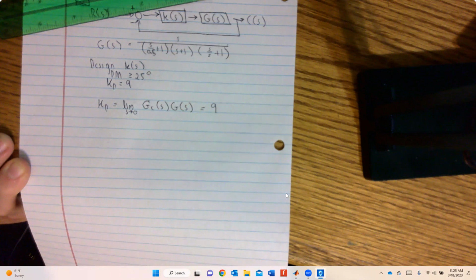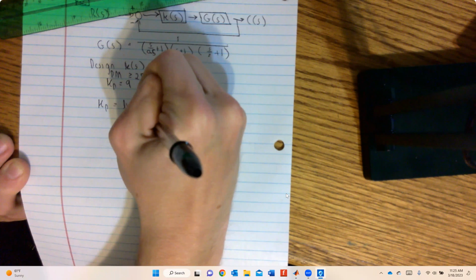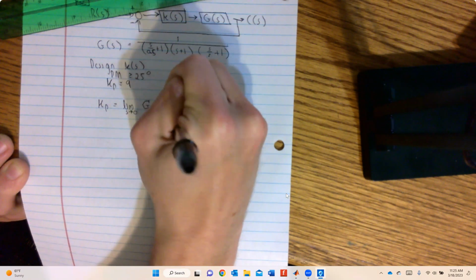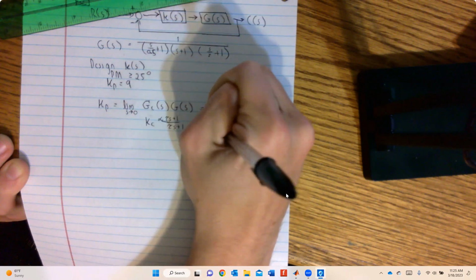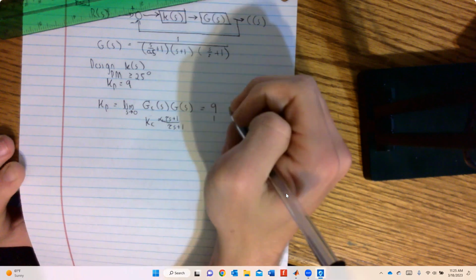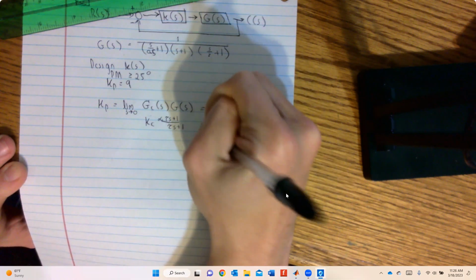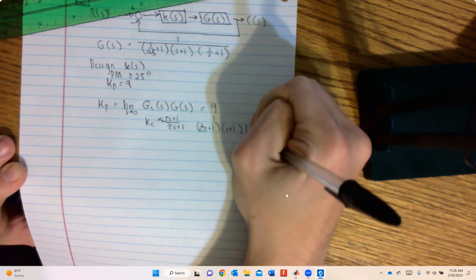Here, remember, our Gc of S is going to be our Kc times alpha tau S plus 1 all over tau S plus 1. And our G of S is going to be 1 over S over 0.5 plus 1, times S plus 1, times S over 2 plus 1.